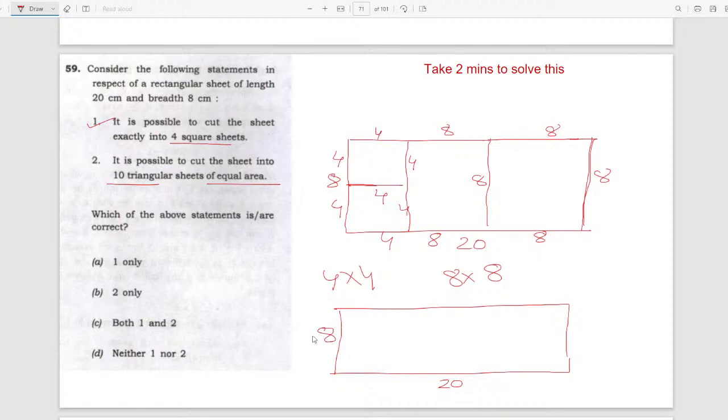I have to take 10 triangular sheets, so I'll cut this half into 5 pieces, parallelly, one, two, three, 4, and let this be another 5.